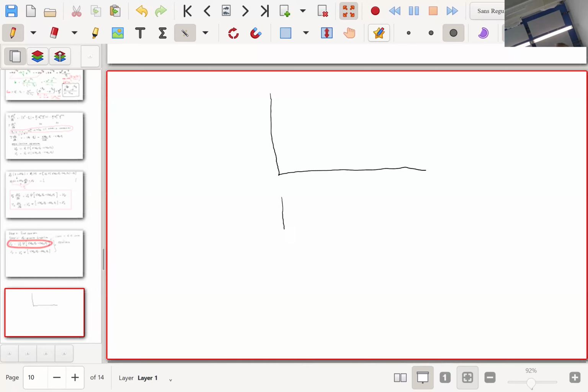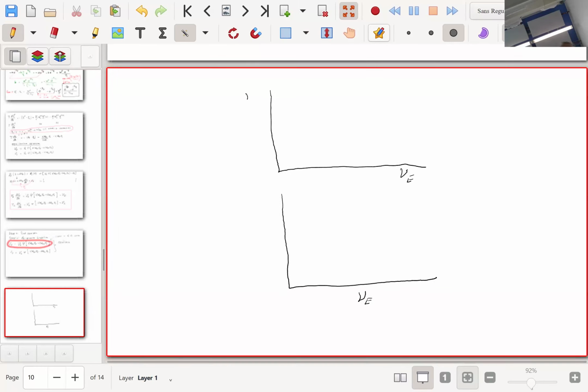So down here, we're going to plot, this is going to be nu E. On this axis, we're going to actually put the curve. So what we're going to plot on this axis is our firing rate curve.